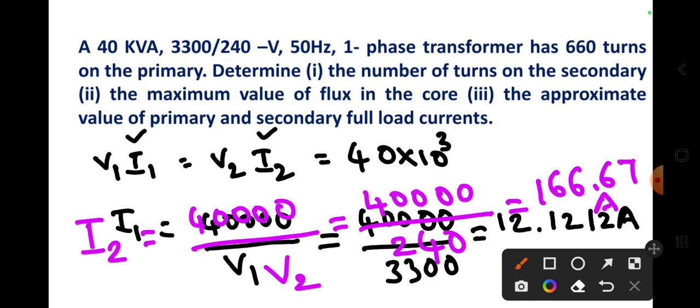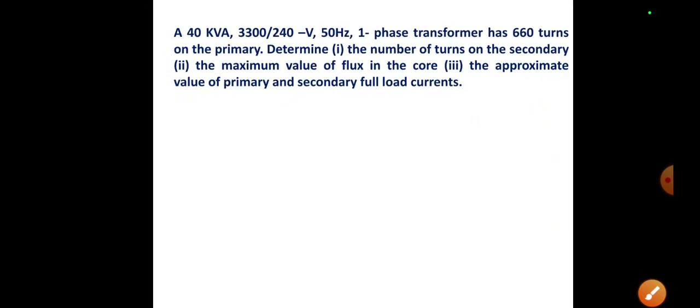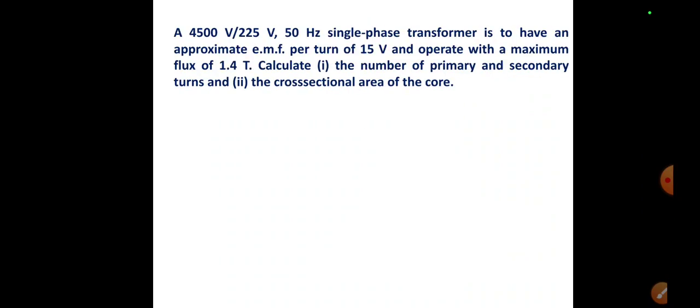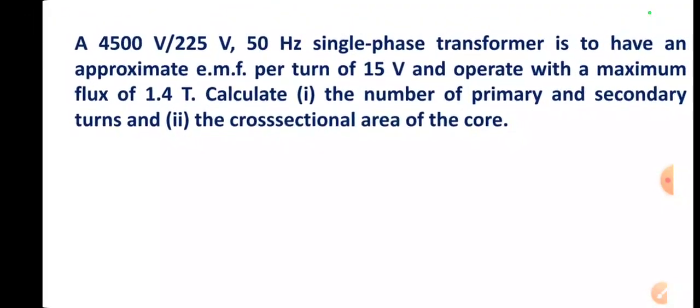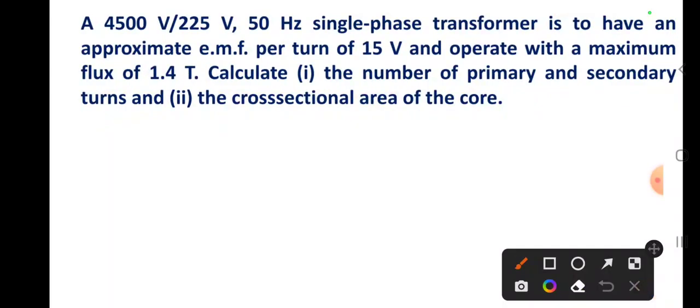Okay, and we'll see another problem. The problem is like this. Here also he has given V1 and V2, and 50 Hz frequency is there, with an approximate EMF per turn, that is E by N is equal to 15.